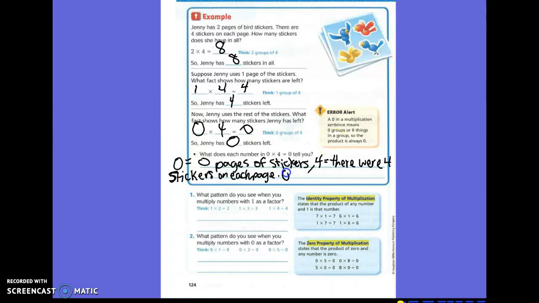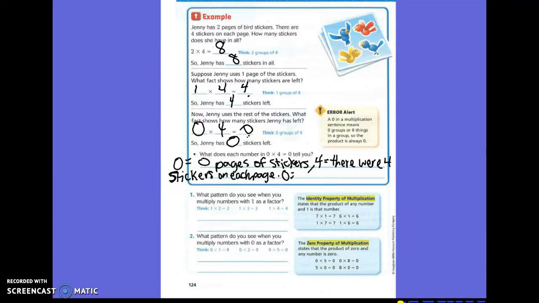Okay, what does the product 0 mean in our sentence? What does the product 0 mean, guys? It means the answer to multiplication. Yes, but what does 0 mean in this? What is the answer for 0? What does 0 mean for the answer? Okay, what is the product meant on all of these? The answer.